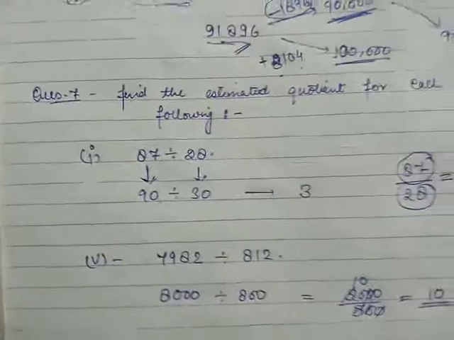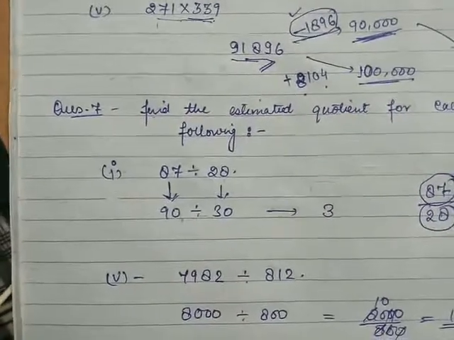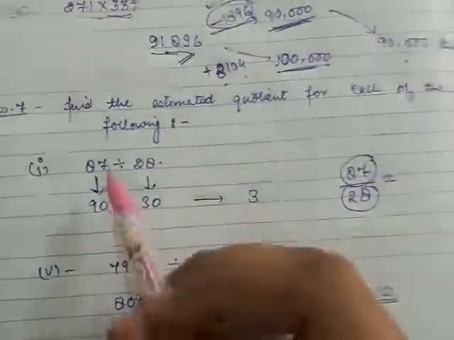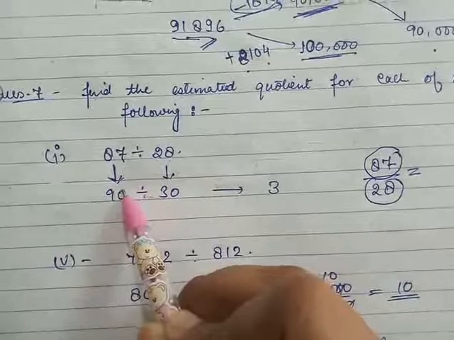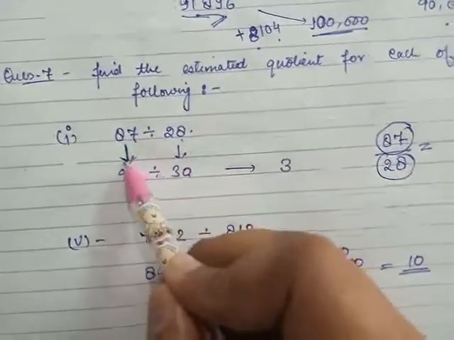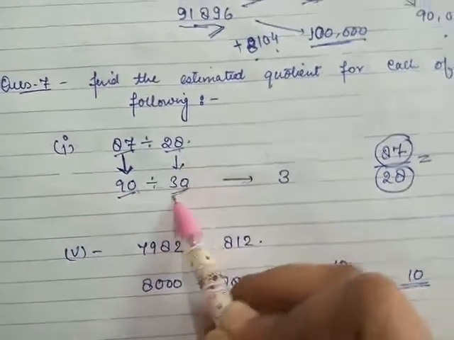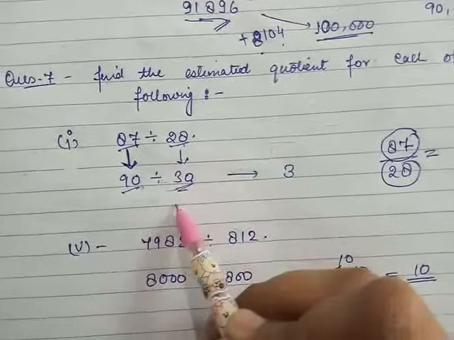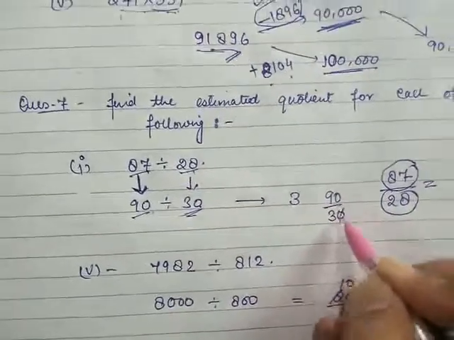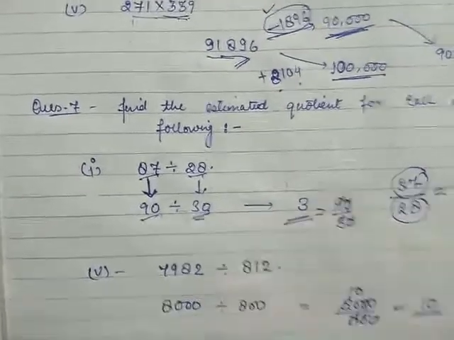That will be easy for us. 87 is near to 90 and 28 is near to 30. So I have converted 87 into 90 and 28 into 30. Then the division 90 upon 30 gives our value, 3.